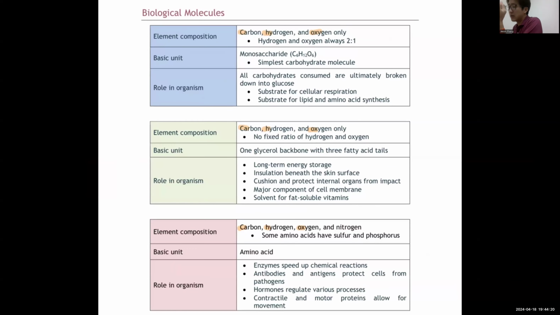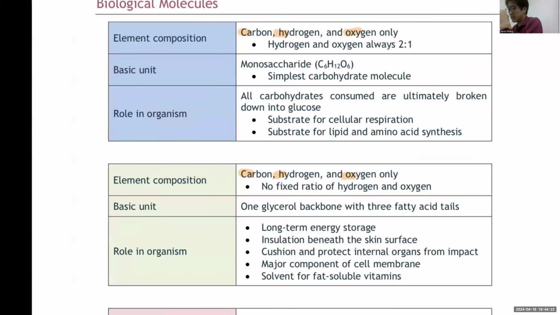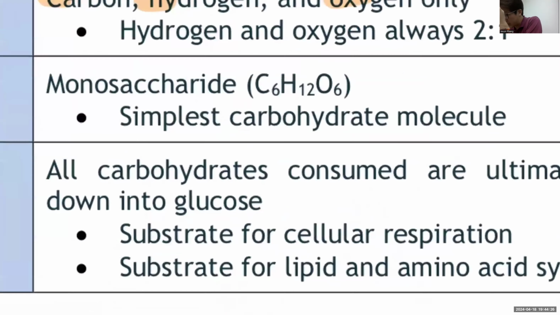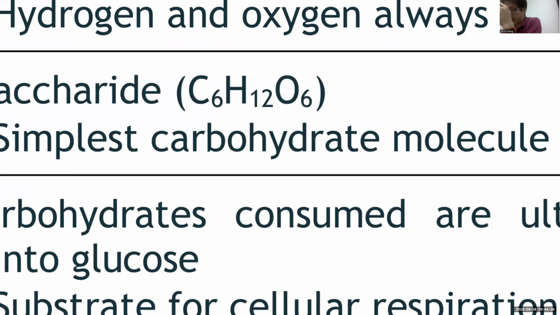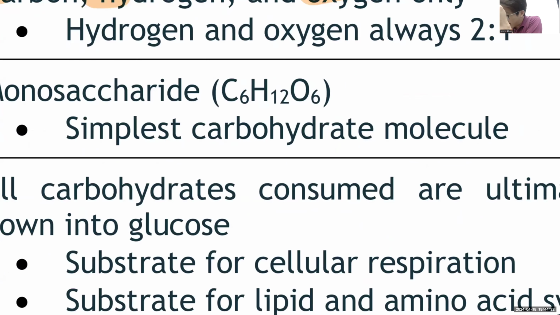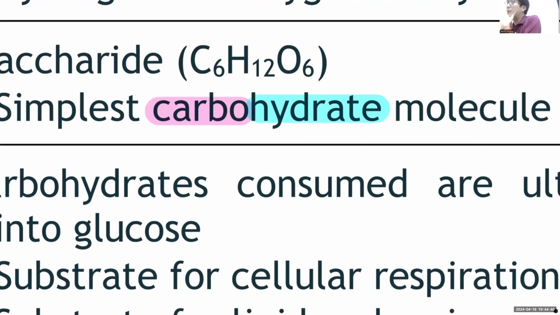I want to zoom into the first two, our carbohydrates and our proteins. Namely, the name carbohydrate. So if I zoom into this word carbohydrate over here, I can see that I have carbo over here. Then I have hydrate over here. So the carbo tells me, hey, what element is present?